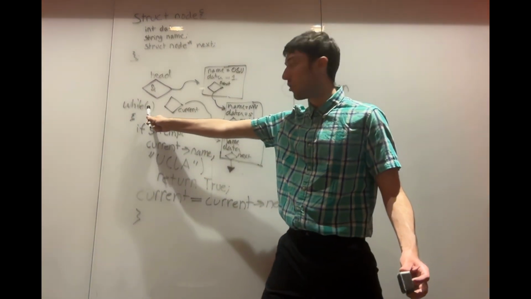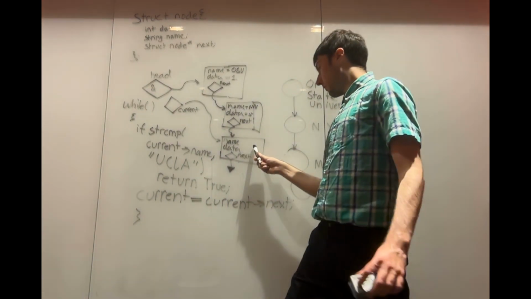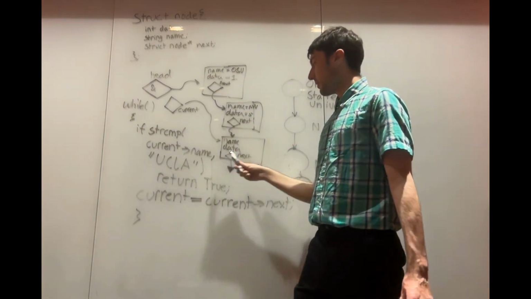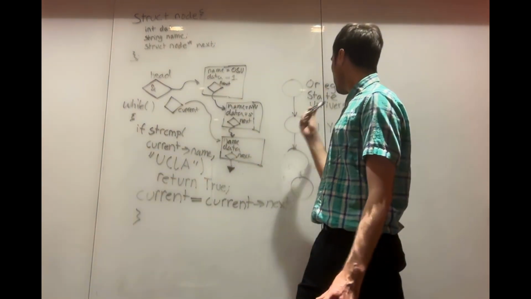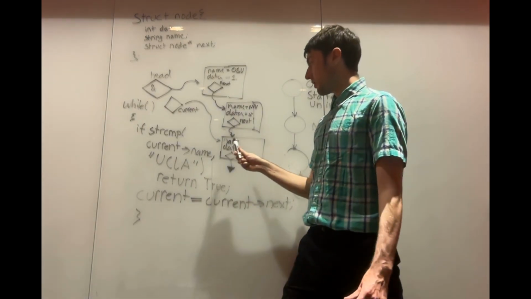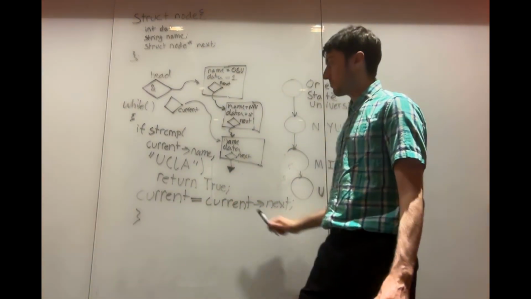Then it comes up here. Is current null? Nope, it points right there. So we go into the while loop and check this if statement. Is it equal to UCLA? No, it equals MIT. So then current equals current next.